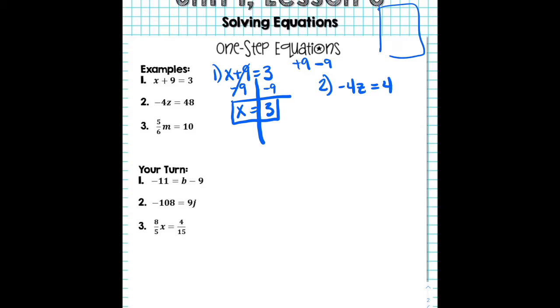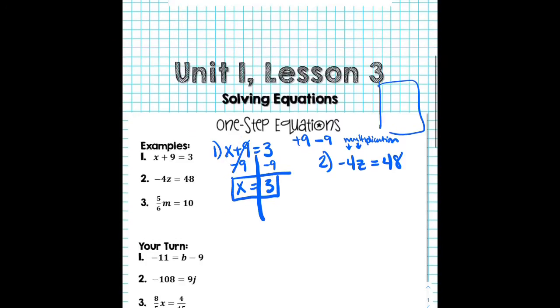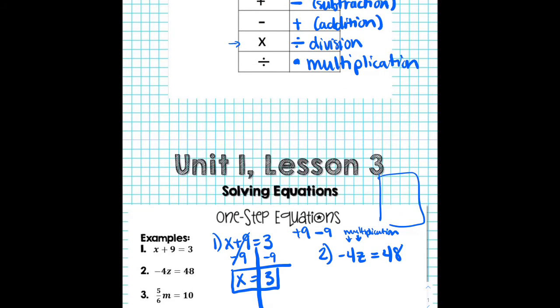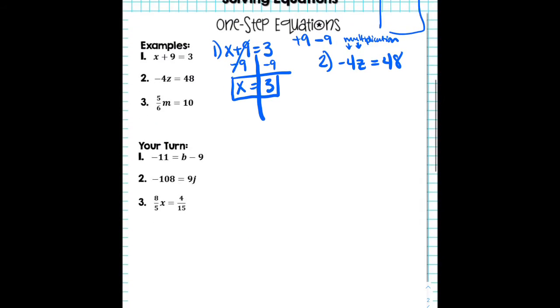Number 2, negative 4z equals 48. Well, here, when I have a number, a coefficient, and a variable, so a number right next to a variable, and I don't see an addition sign or a subtraction sign or anything between them, this is multiplication. So to undo multiplication, I'm going to divide.